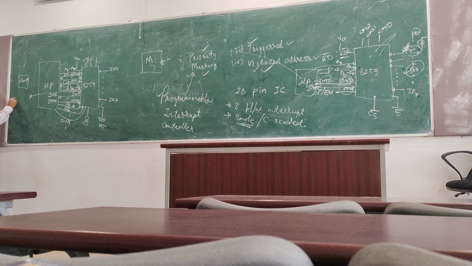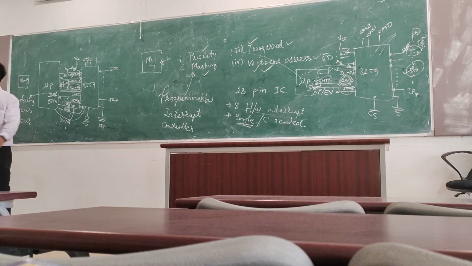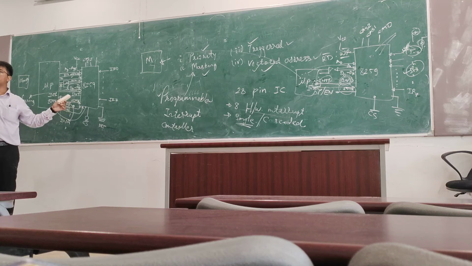For transferring initialization command words and operational command words. Is it okay? What controls the reading or writing process? The control bus, IO/M bar, RD bar, WR bar. Any issues, anyone? Is it okay?